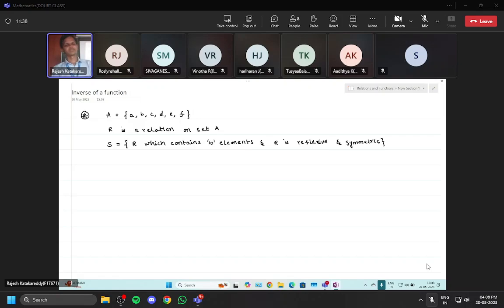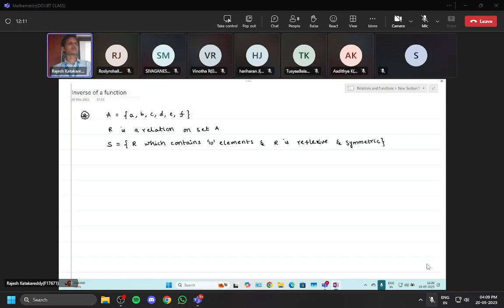S is all such relations defined on set A, which contain exactly 10 elements or 10 ordered pairs, and R should be both symmetric and reflexive. This much only they have given. Now tell me how you will solve this problem. If you are one who reads formulas without knowing how the formula came, it is a little trickier for you to solve this problem.